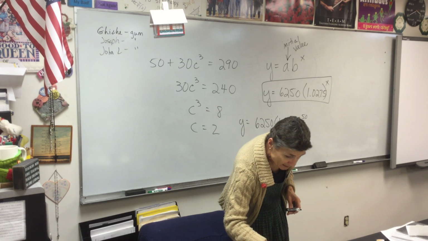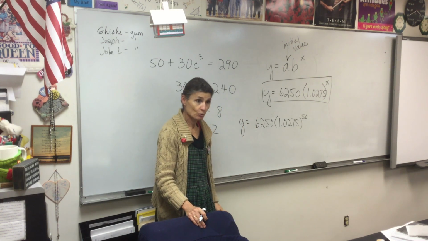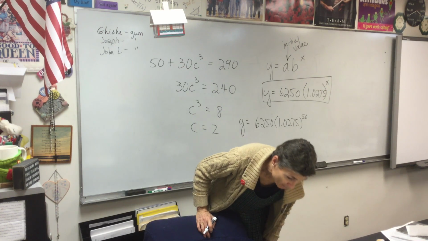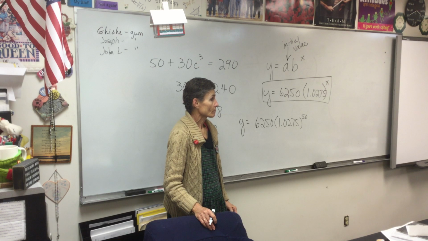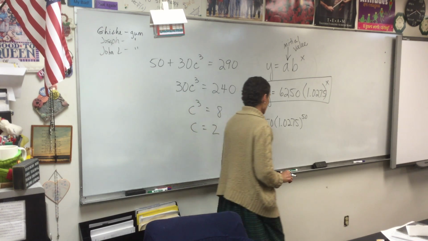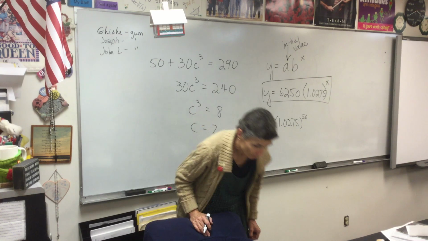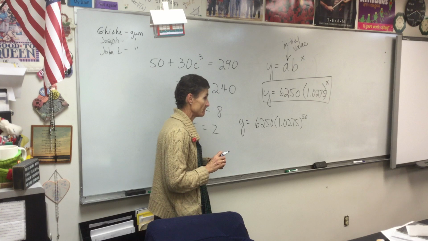So by the time you get to 1940, that would be 50 years after you started. So according to my book, that should be 24,265. Everybody okay with that? 24,000 and some, 265. That's for the 50 one.